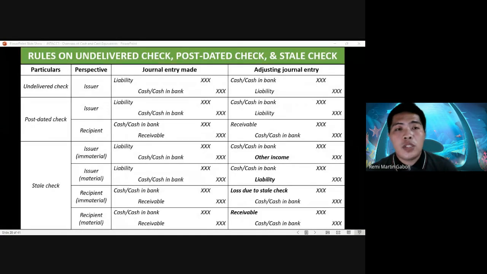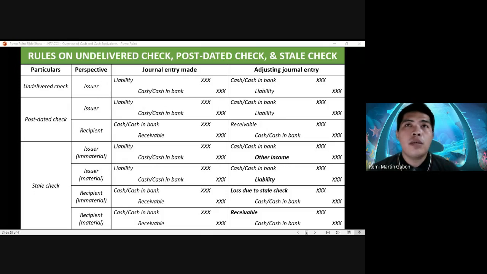Let us start with the issuer side, the one who pays a liability or has the obligation. Let's start with immaterial. By the way, before I proceed, let me emphasize what it means by immaterial or material. Material or immaterial pertains to the materiality of an amount.